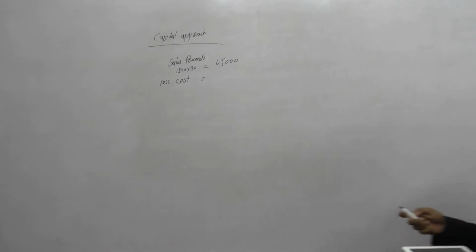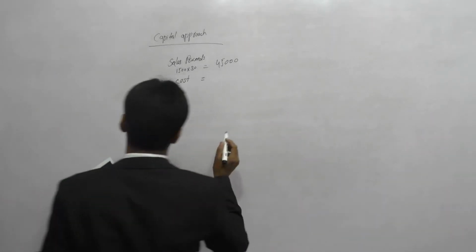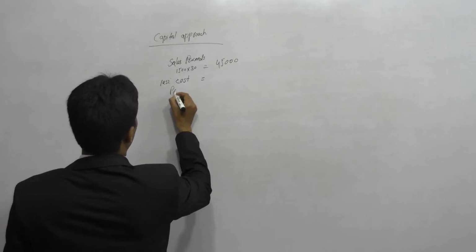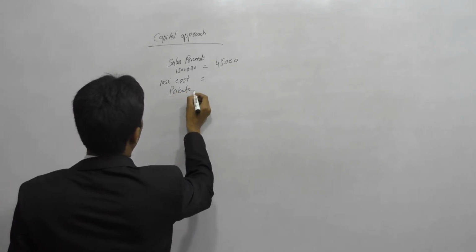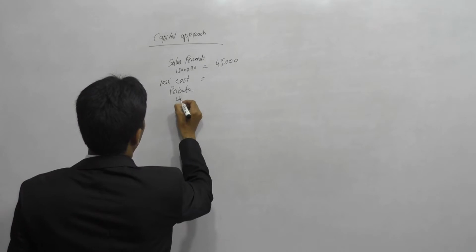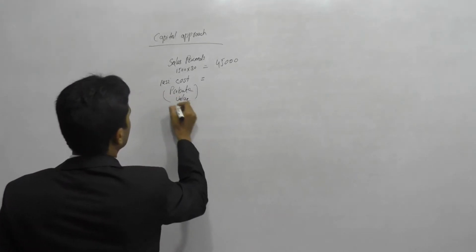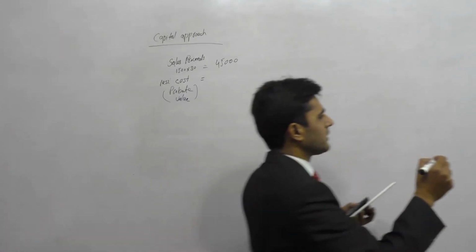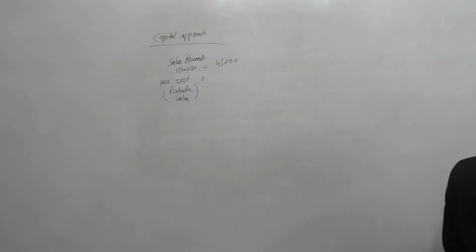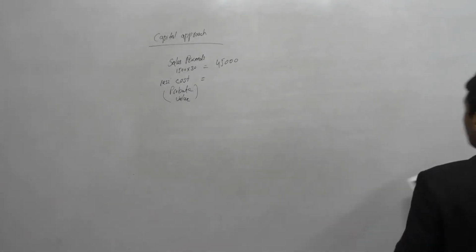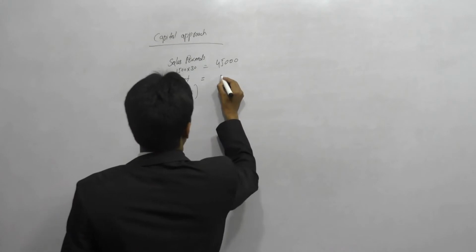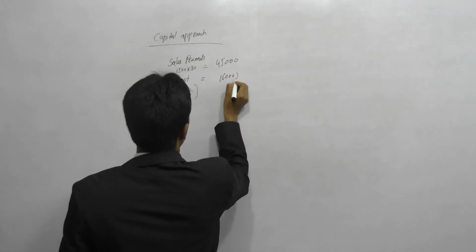So we'll take the probate value as the cost. So the probate value, just write down in the brackets, is 16,000 on 1st of February. So £16,000 will be deducted out of that.